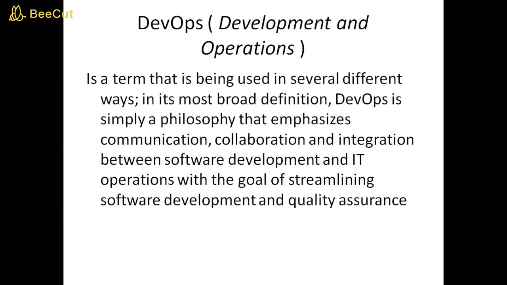DevOps, development and operations, is a term that is being used in several different ways. In its most broad definition, DevOps is simply a philosophy that emphasizes communication, collaboration and integration between software development and IT operations, with the goal of streamlining software development and quality assurance.